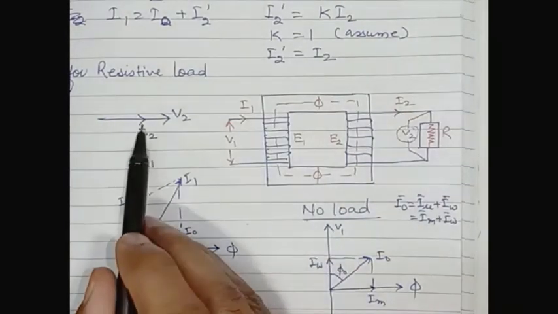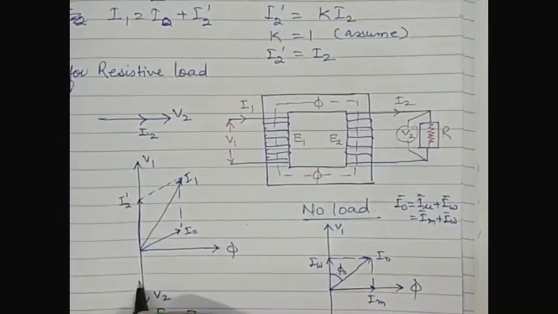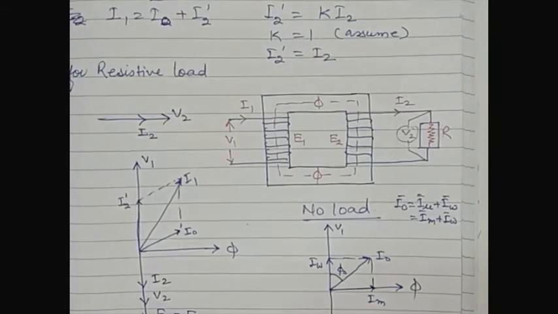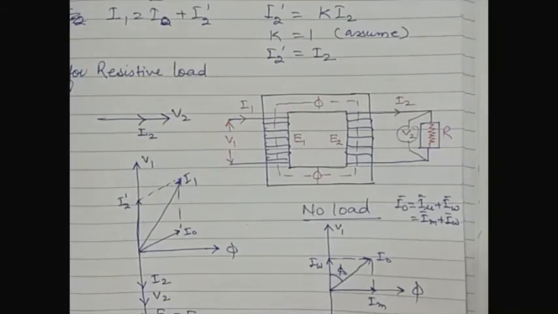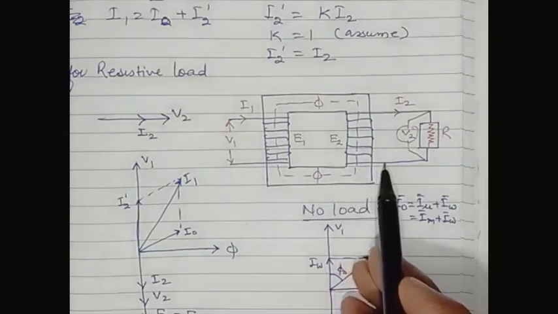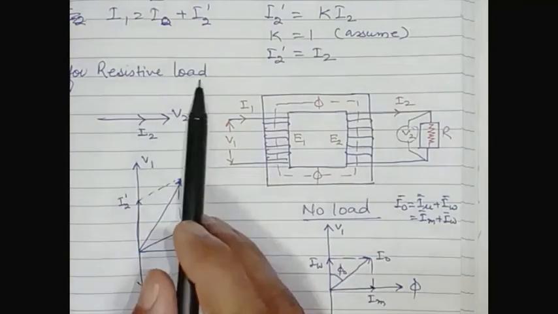As we drew earlier, V2 and I2 are both in the same phase. This is I2. This is the whole phasor diagram for the resistive load.